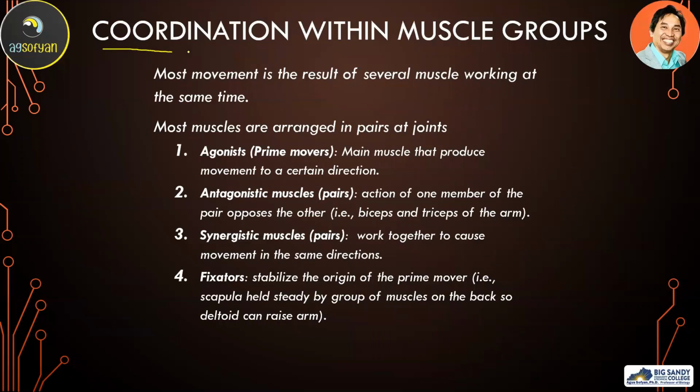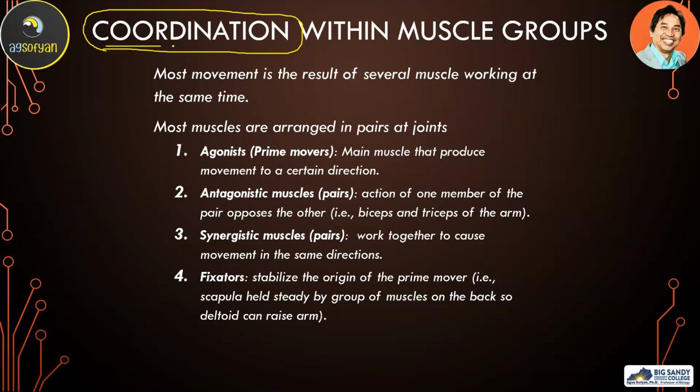Some muscles also perform coordination. When we move our body, sometimes it's not only one muscle contracting, sometimes it is more than one muscle contracting. Sometimes there are muscles that have to coordinate, where one muscle contracts and the other muscle should be relaxed.